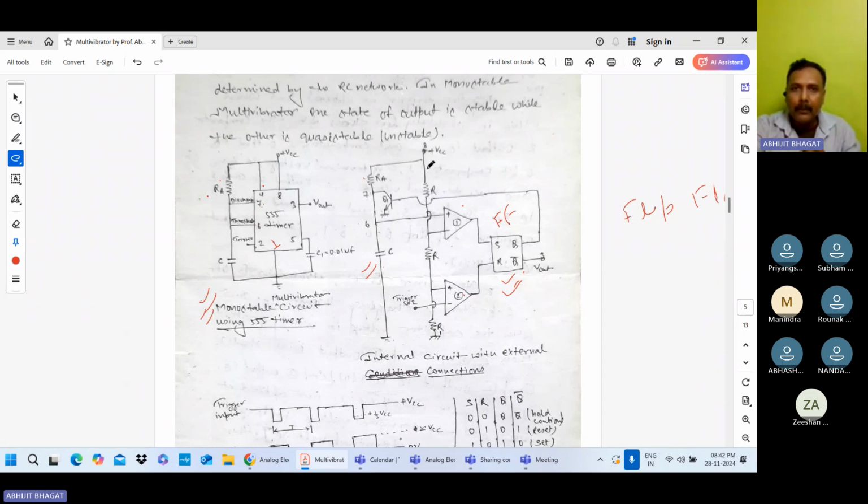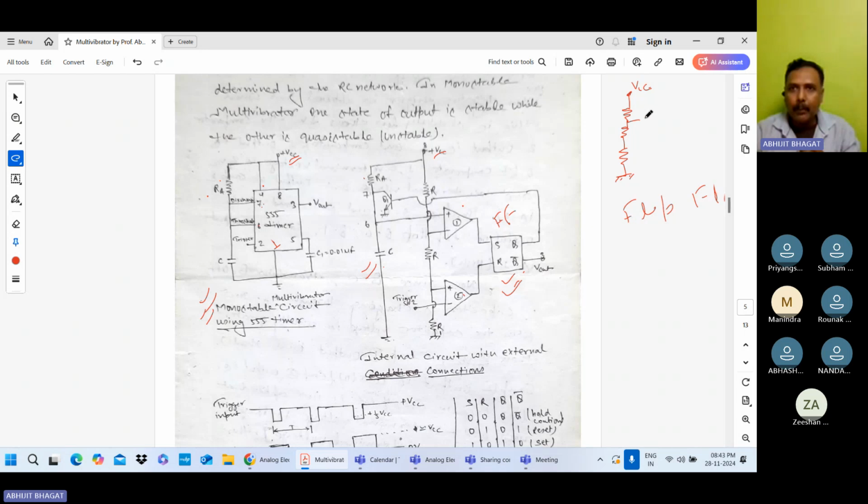Now in this diagram, VCC is the supply voltage to the IC, and these three resistors act as a voltage divider circuit. Suppose this is the VCC. Three resistors are there. At this point the voltage is VCC.